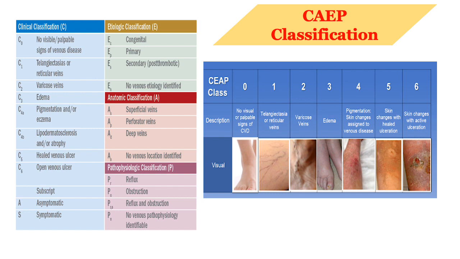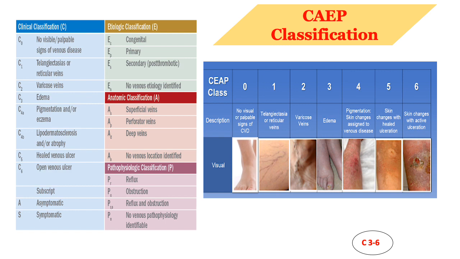And as I said before, we have to focus on clinical classification because it is widely used in clinical practice. Now, focus on C3 to 6, starting from edema, ending into active non-healed ulcer.